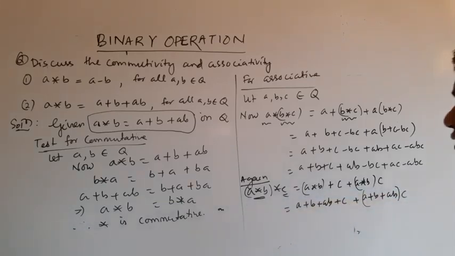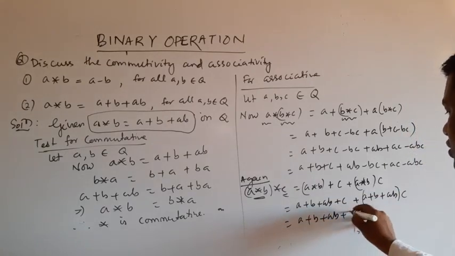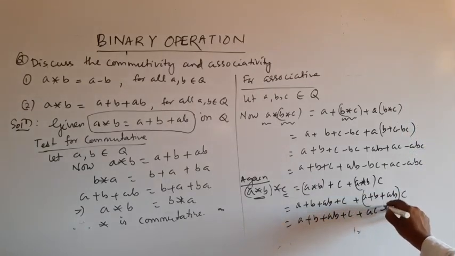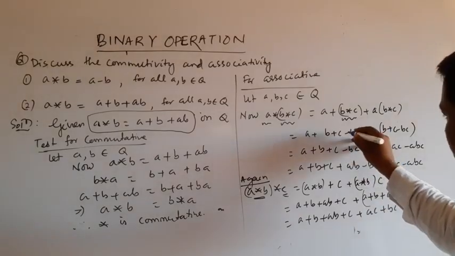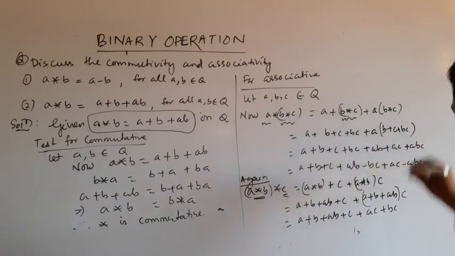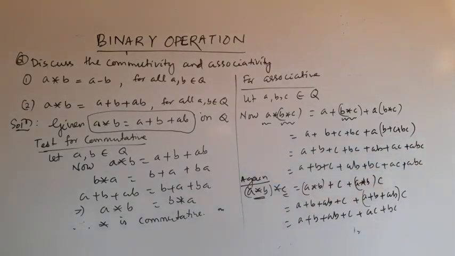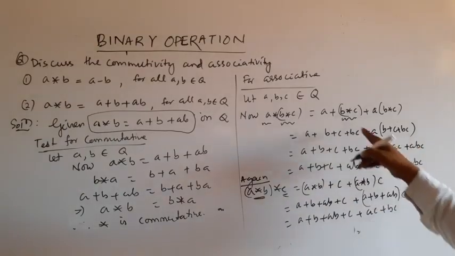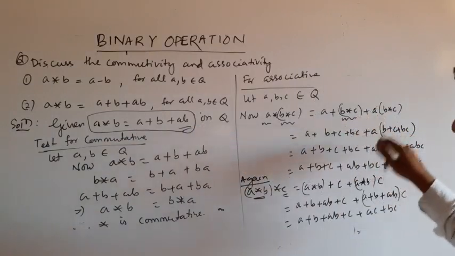So what happens here? That is a plus b plus ab plus c plus ac plus bc plus abc. Here this is a plus sign, and all of these are plus signs, because a plus b plus ab, not minus ab. Clear?